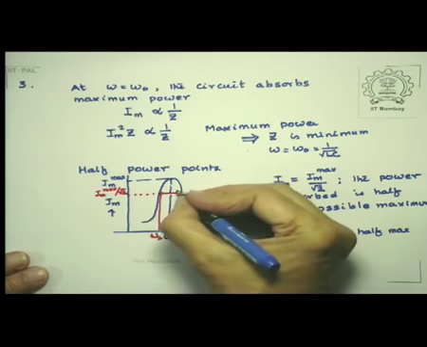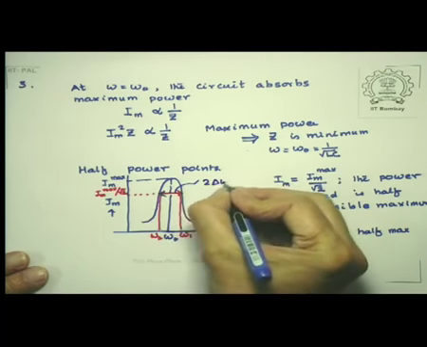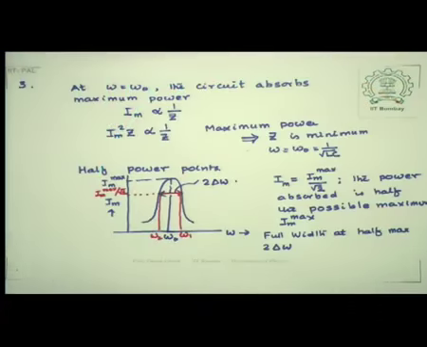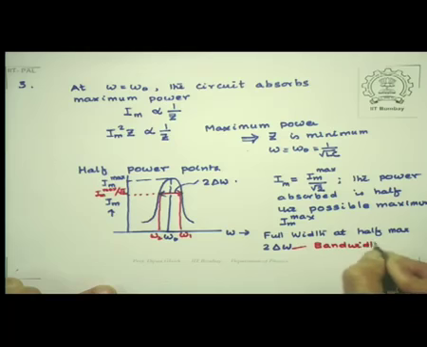So this mark from here to there is 2 times delta omega. This is known as the bandwidth. In fact, there is no very specific symbol for that. We simply write it as BW.